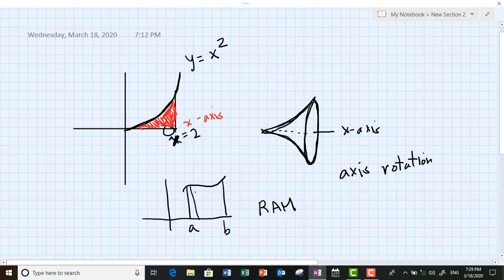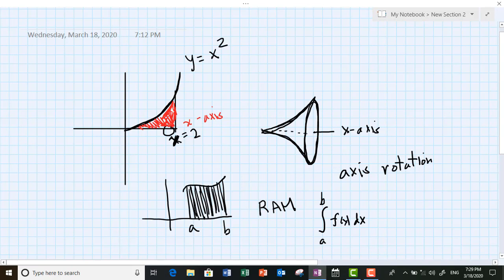Basically, we broke it into an infinite number of small rectangles, and we found the area of each rectangle. That's the whole idea of the integral from A to B of f of x dx, where f of x represents the height and dx represents the width of a rectangle.